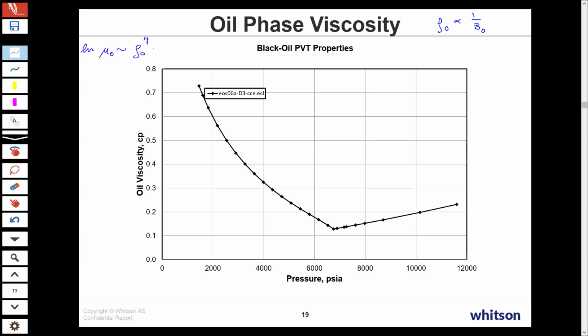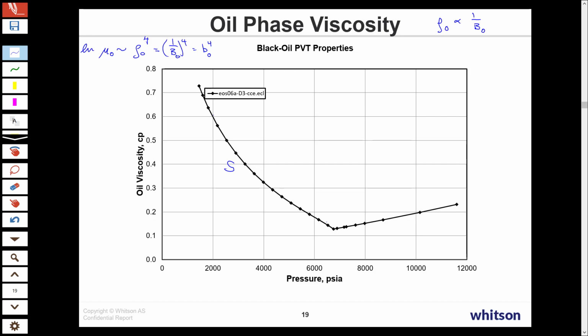Which means that would basically be 1 over BO to the 4th power, or BO to the 4th power. So these are going to be a little bit exaggerated. This is the saturated oil viscosity.